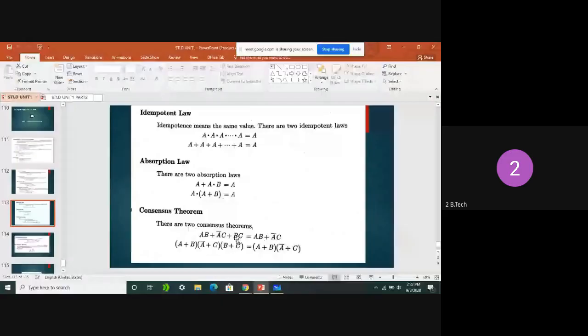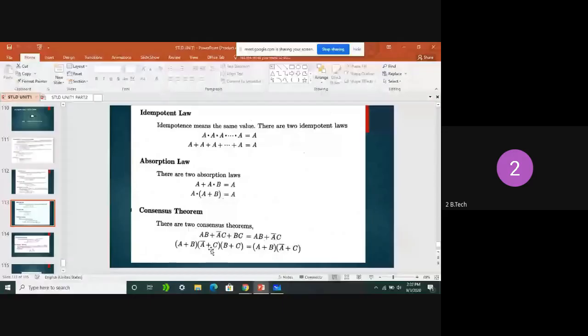For namesake itself, you can remember what sum of product terms and product of sum terms are. In the first line, three products are there, and for these three products a sum is happening. So AB plus A bar C plus BC can be called a sum of product terms.